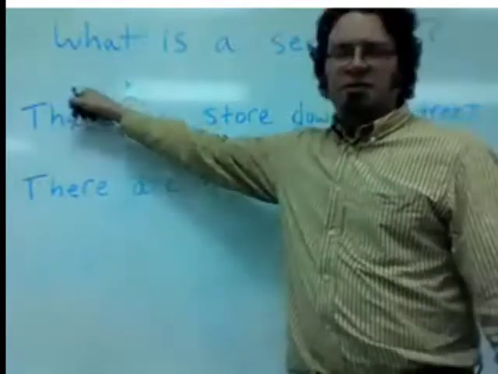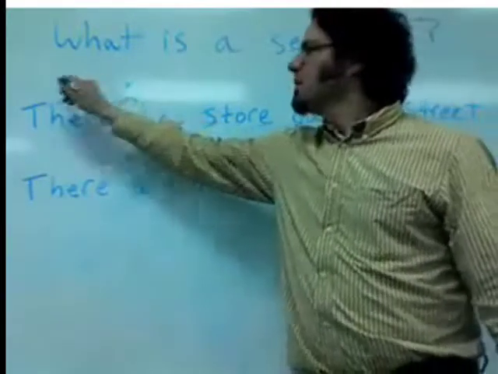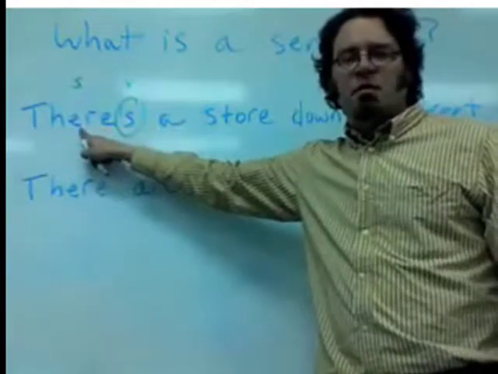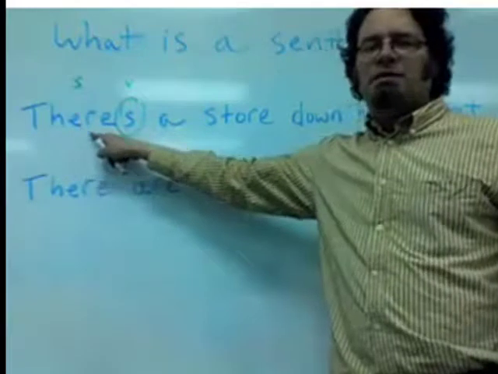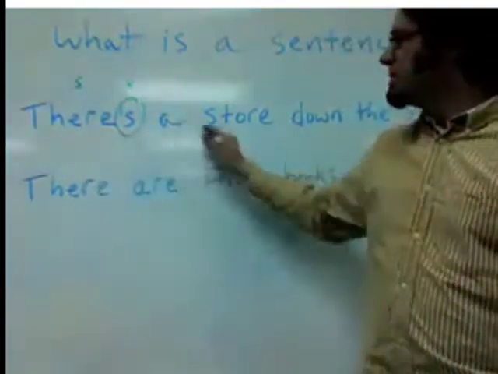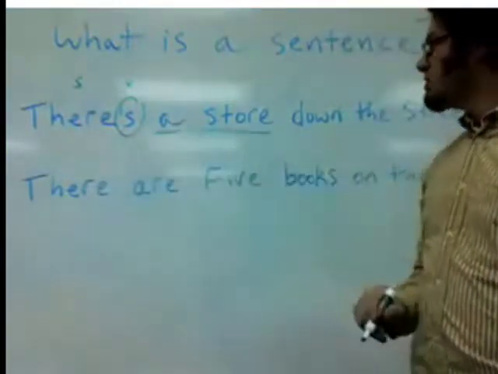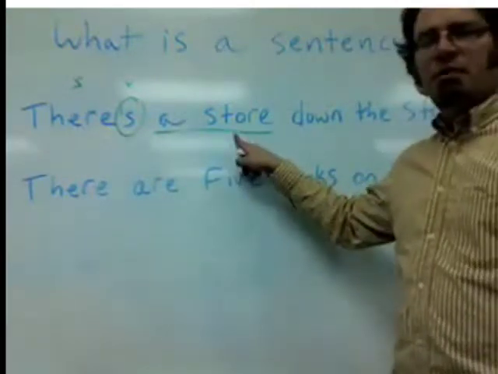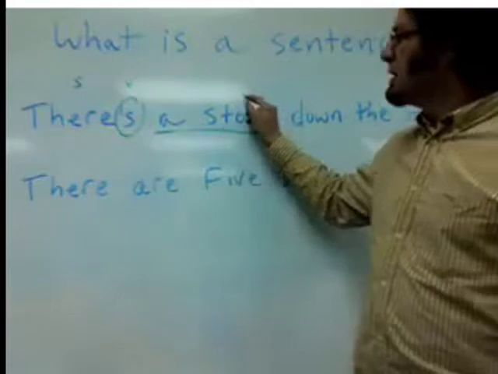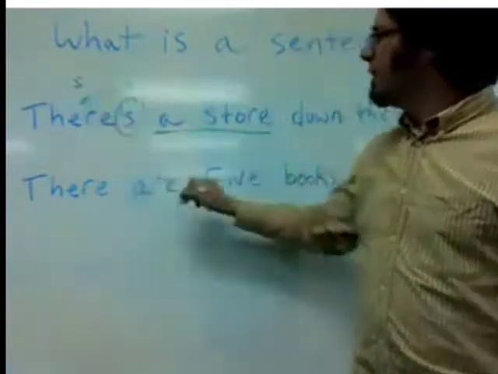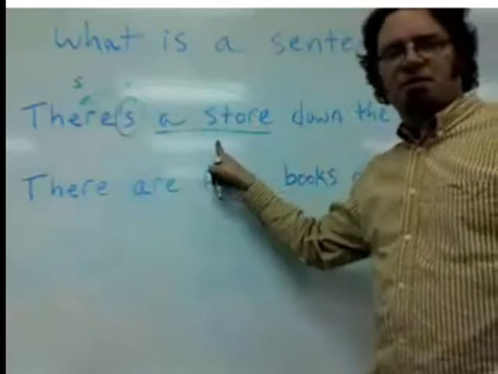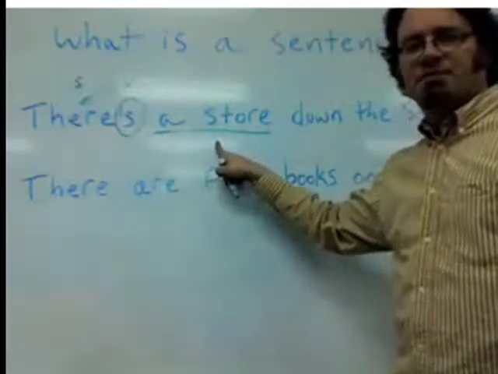And if you want to consider this to be the subject, but we don't know if it's singular or plural until we get to this part of the sentence. There's a store down the street. Store is connected to there. So you can consider this to be the subject in the sentence.